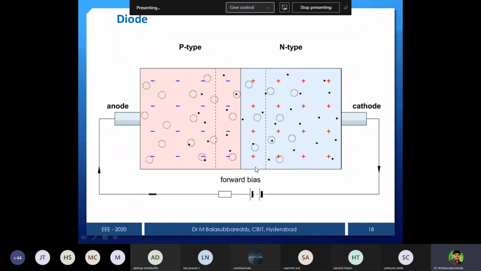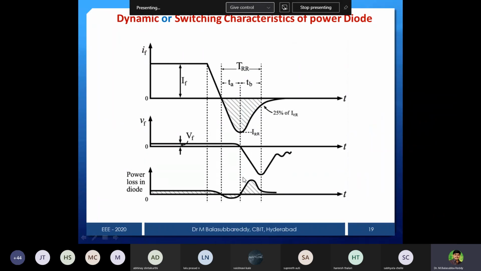Now you can see the dynamic switching characteristics of a power diode. In the dynamic characteristics of SCR we also noticed, under the off process, the reverse recovery time and gate recovery time, and the total time is the sum of the two. But here we don't have a gate terminal.